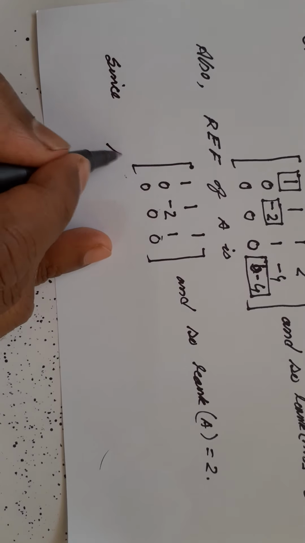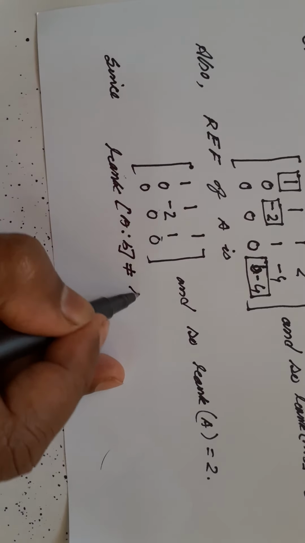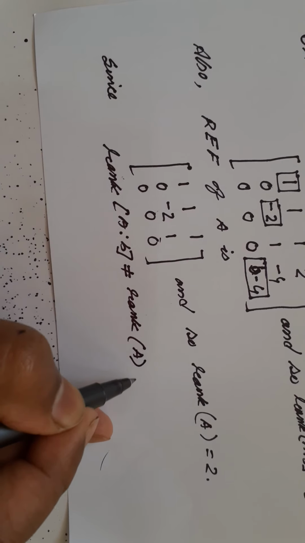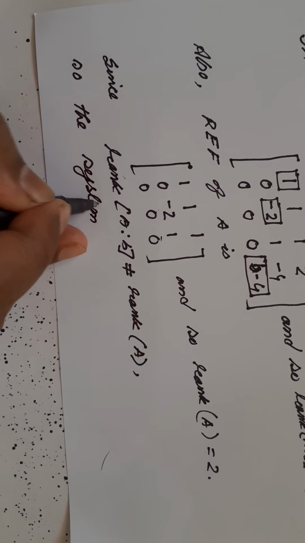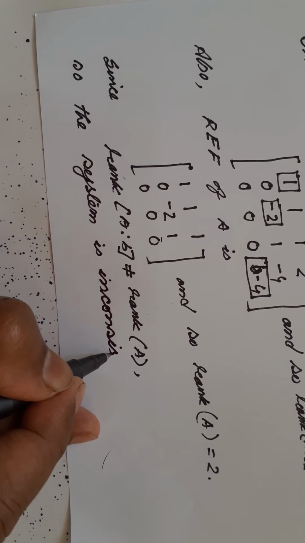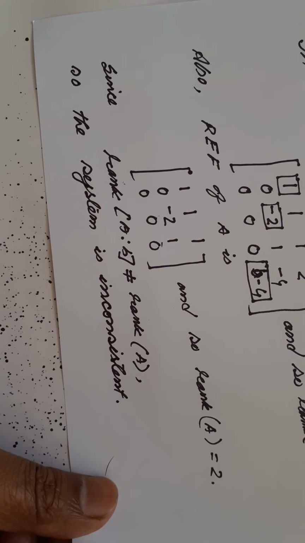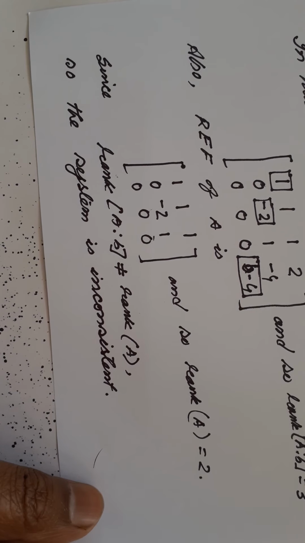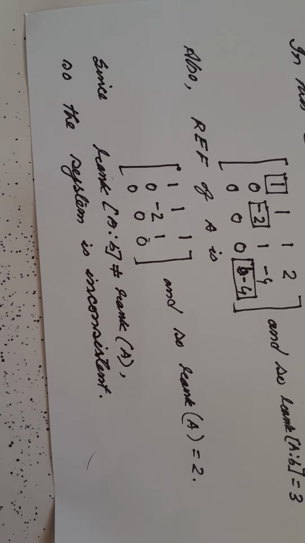Since rank of AB is not equal to rank of A, the system is inconsistent. So it means it has no solution. So we have discussed all the possibilities of A and B, under which the system of equations will have a unique solution, infinitely many solutions, and no solution. Remember, inconsistent represents no solution. Thank you.